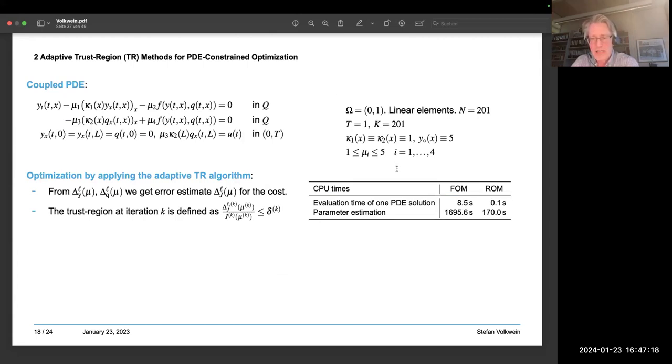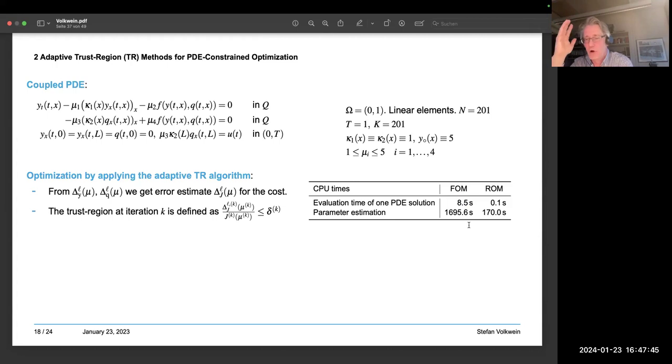That you see in our cases, of course, this is something we know from reduced basis, that evaluating the PDE can be sped up a lot by this reduced order scheme. So it's from 8.5 seconds to solve the equation, this coupled system, compared to 0.1 for the ROM. But also the parameter estimation is running very well.